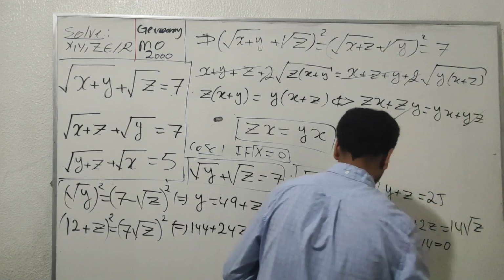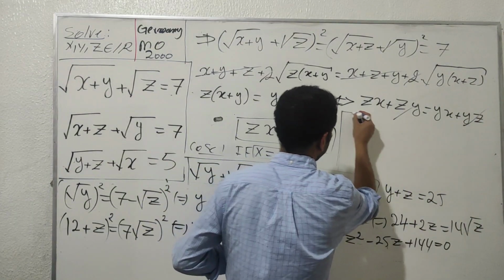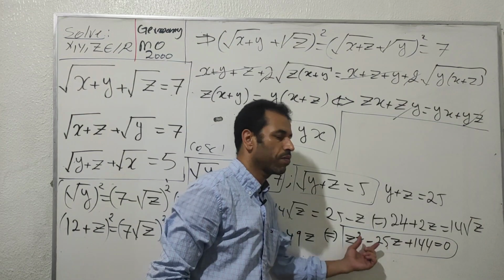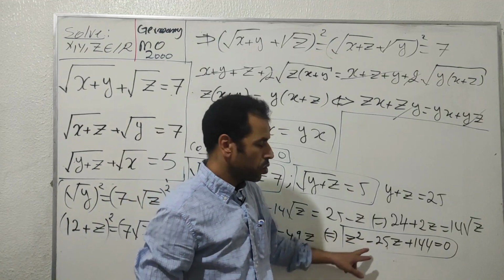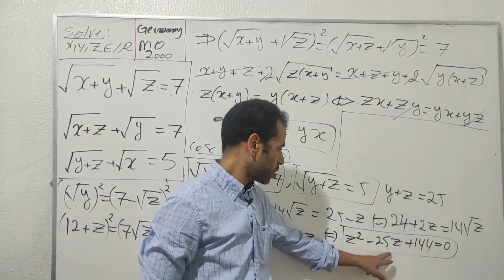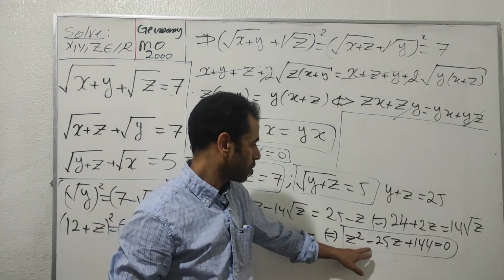Since I have a second power equation here, without calculating delta as a discriminant, we are going to factor this one easily.